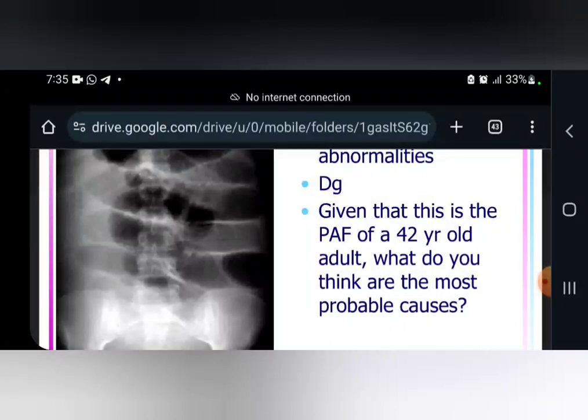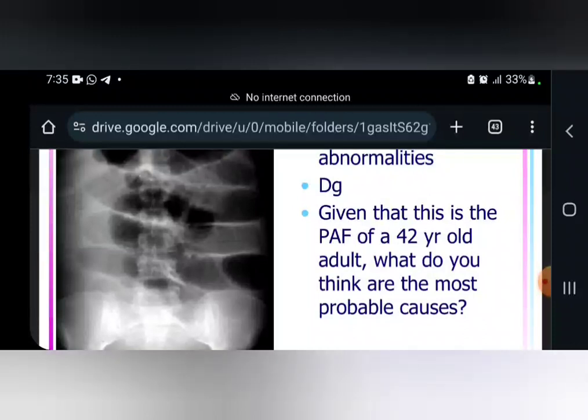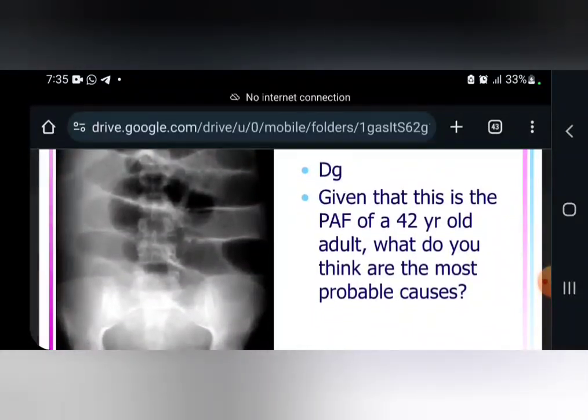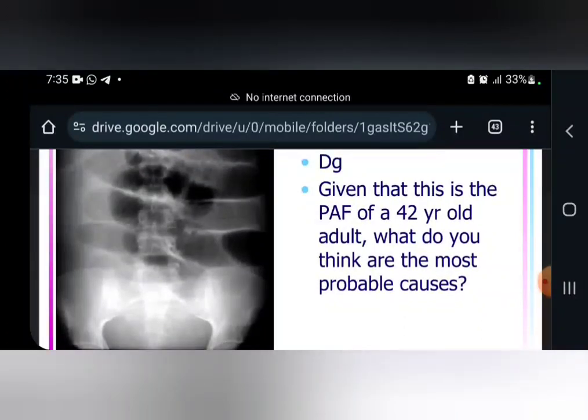Now the difference between incarcerated hernia and strangulated hernia is that in incarcerated hernia we just have a small occlusion, and the occlusion is at the level of the veins only. But in strangulated hernia, the occlusion includes both the veins and the artery. That's why in strangulated hernia we have an excruciating pain. Is it clear?